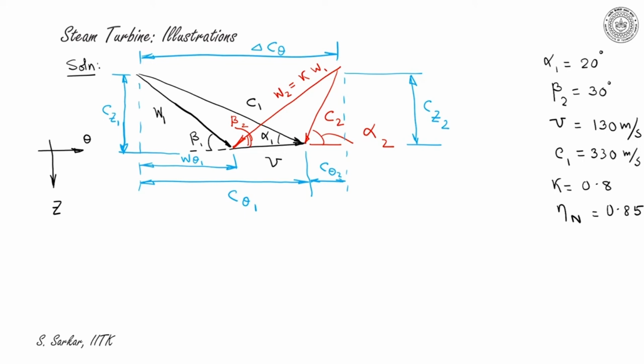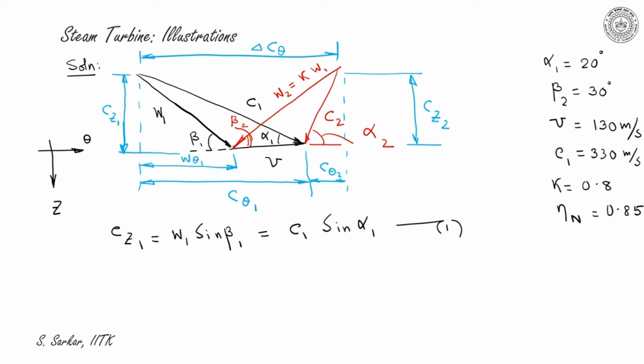Now I can write from the inlet velocity triangle, CZ1 is equal to W1 sine beta 1, that should be equal to C1 sine alpha 1. Let me call this equation number 1.